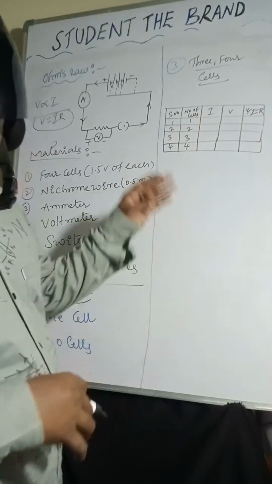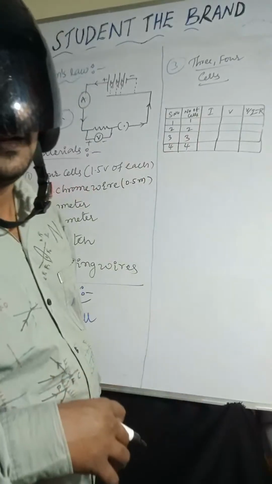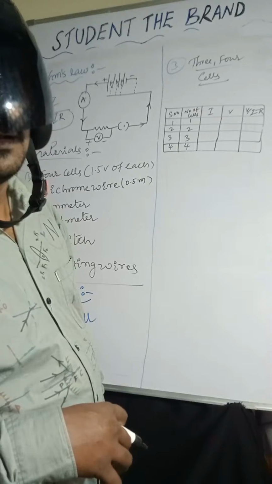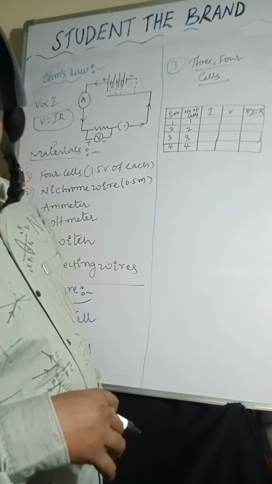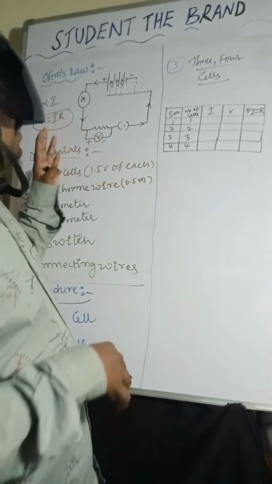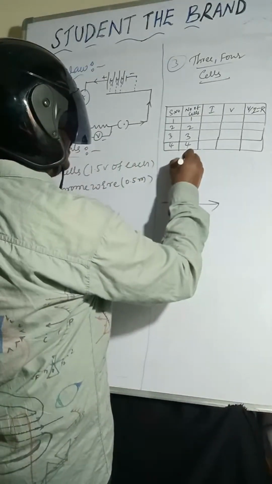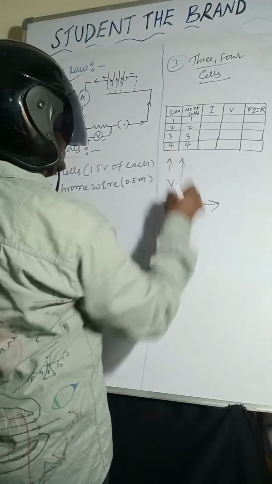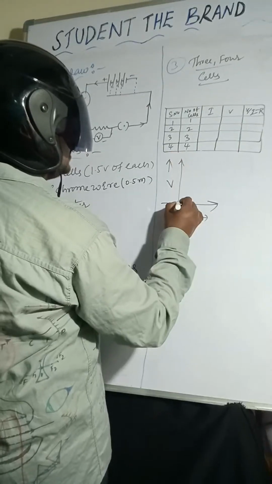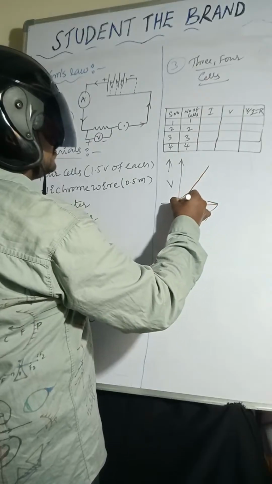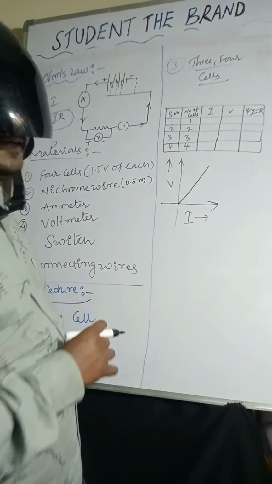If you draw the graph for VI, with V on the y axis and I on the x axis, the graph is linear.